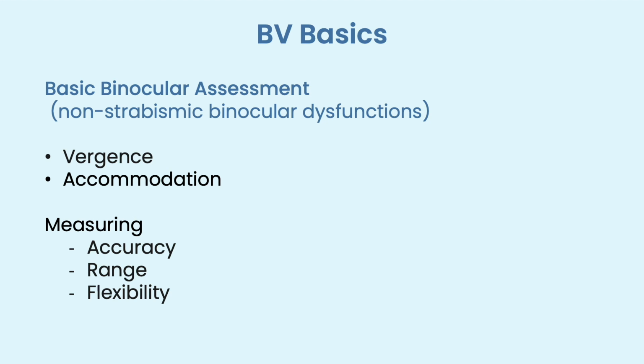We want to measure the most amount of work or output the system is able to generate. Here we want to see just how much vergence in and out and accommodation power the system is able to produce. And lastly, we want to look at its flexibility. How quickly can the visual system accurately switch between different target distances, for instance, distance and near?